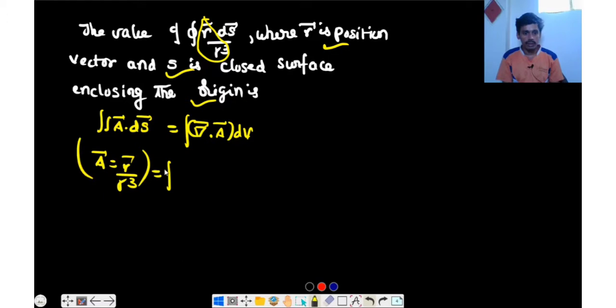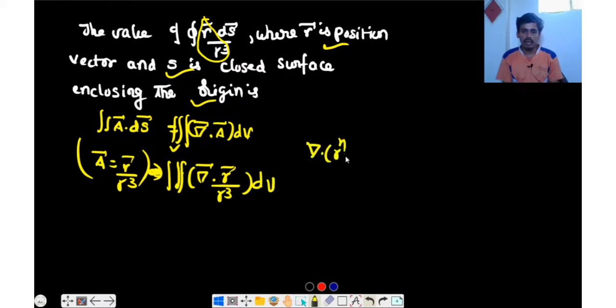Now we will substitute here. You will get the volume integral of del bar dot R bar by R cube into dV. But according to the formula, del bar dot of R to the n into R bar is equal to n plus 3 times R to the n. Here R to the power minus 3, since 1 by R cube means R to the minus 3, into R bar.